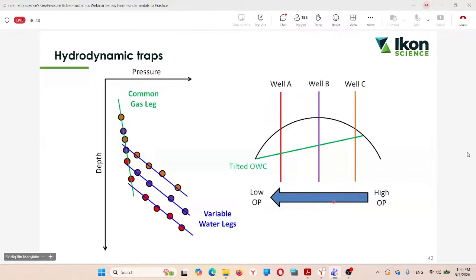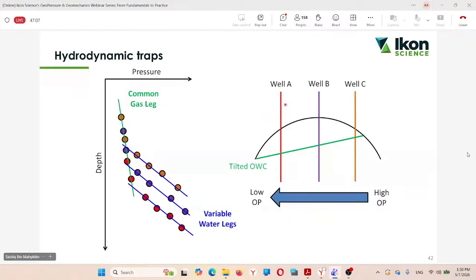This reduction in overpressure causes a tilt of your oil-water contact, or the aquifer hydrocarbon contact, in the direction of the low overpressure. It doesn't really affect the gas leg because gas can equilibrate pretty easily, so your gas leg will remain the same.